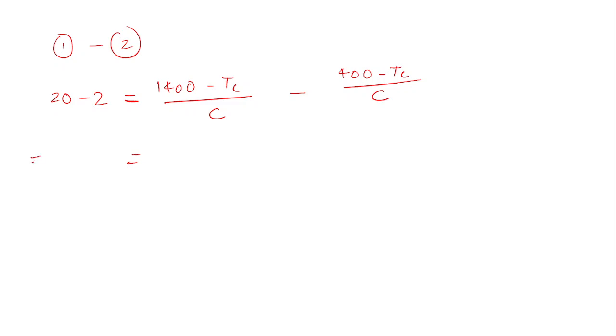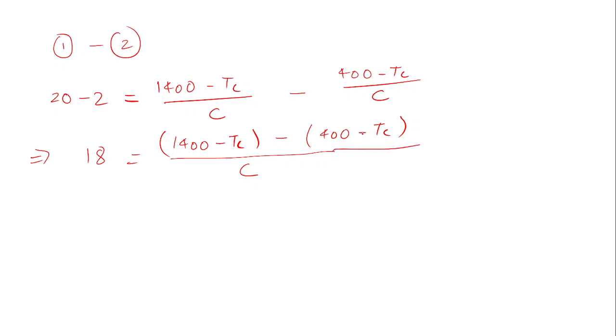On the left hand side it becomes 20 minus 2, 18, and on the right hand side the denominator is the same. So this will be 1400 minus Tc, minus the bracket 400 minus Tc. It's better to put a bracket so that when you open the bracket, you won't make a mistake in getting the correct sign.